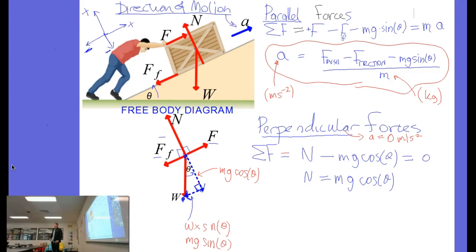So Newton's law in this scenario gives us ways of determining two facts about this scenario. We can work out the size of the normal reaction force. We can work out the size of the acceleration experienced by the crate itself up the plane.